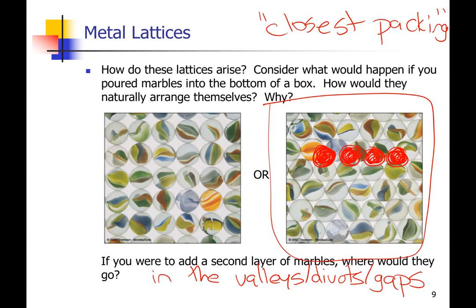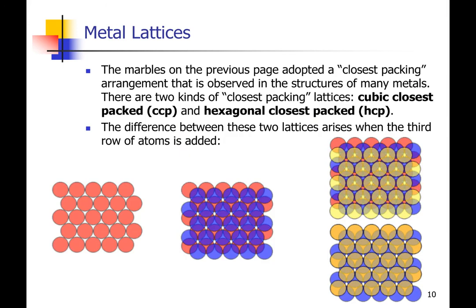Now, so that you don't have to deal with my scribbles repeatedly, I've repeated these images on the next page, minus the clutter on the inside of the marbles. And what you can see in the picture on the right here is our first layer of atoms, which we'll call A. It's layer A. That'll be useful later on when we start talking about how the different layers are arranged.